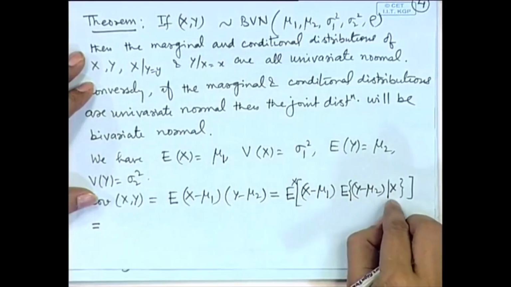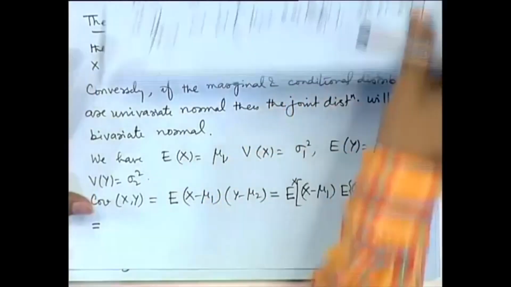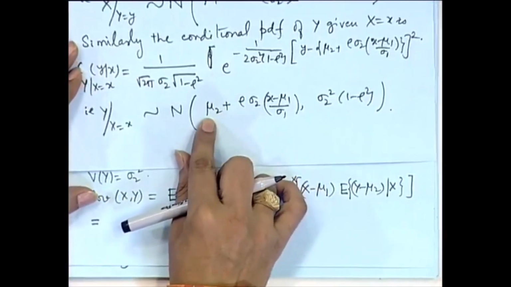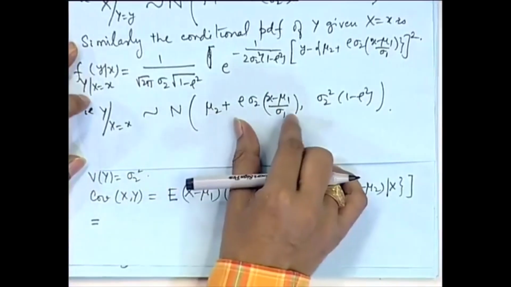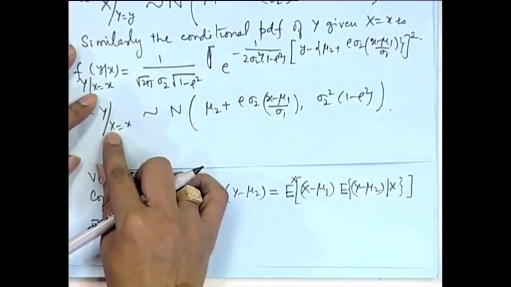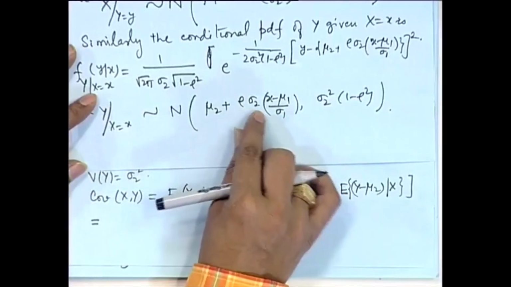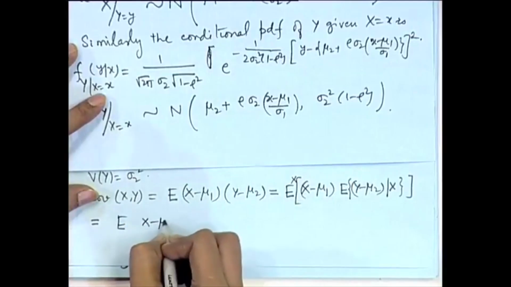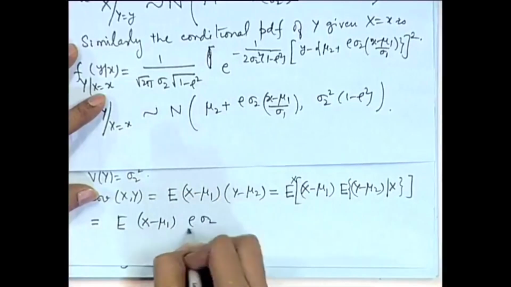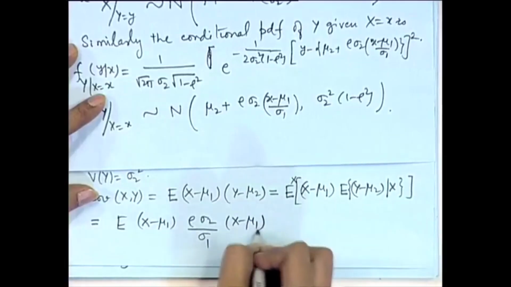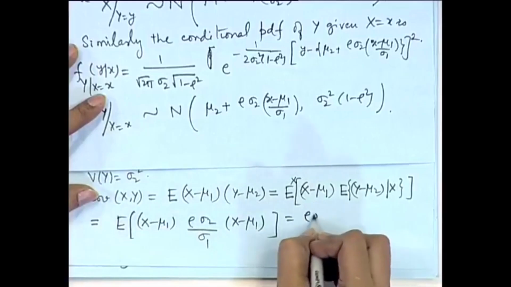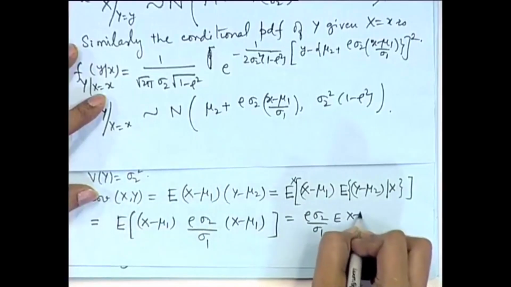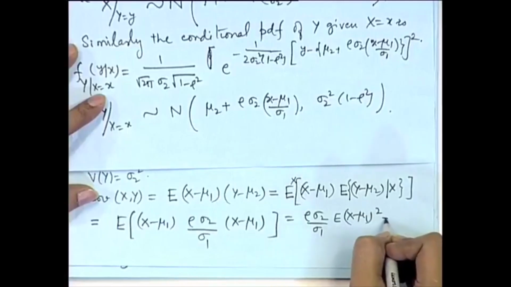The conditional distribution of y given x was calculated to be a univariate normal distribution, and the mean was mu 2 plus a certain term. So, expectation of y given x will be mu 2 plus rho sigma 2 into x minus mu 1 by sigma 1. Therefore, expectation of y minus mu 2 given x will be equal to rho sigma 2 by sigma 1 into x minus mu 1, and the outer expectation gives rho sigma 2 by sigma 1 times expectation of x minus mu 1 square, which is sigma 1 square. So, it is rho sigma 1 sigma 2.